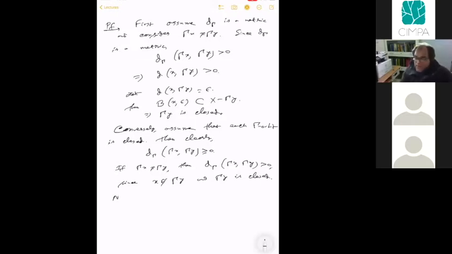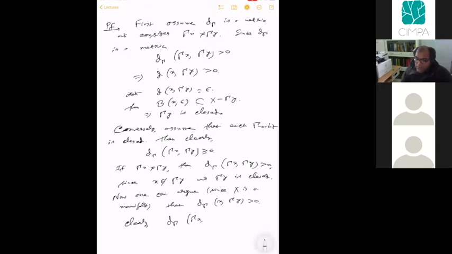Now one can argue that d gamma of (gamma x, gamma y) is greater than 0. That proves it satisfies one axiom of the metric.